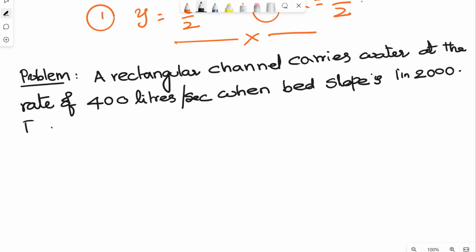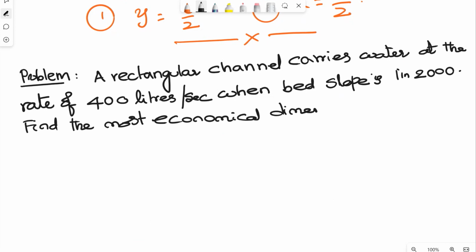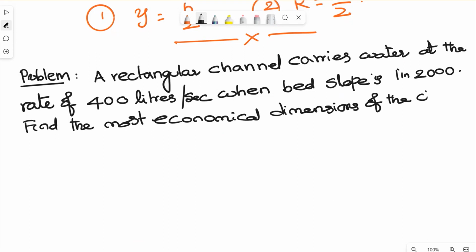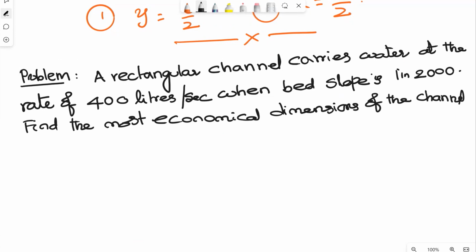Find the most economical dimensions of the channel. If C is equal to 50, C means Chezy's coefficient C. So this is what is given: a rectangular channel section carries water at this rate and the bed slope is this. Find the most economical dimensions. This is what he wants.